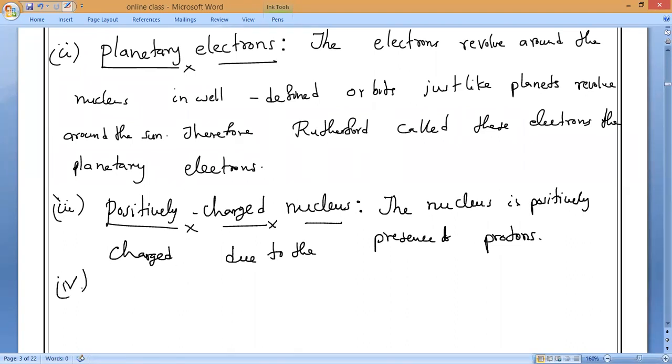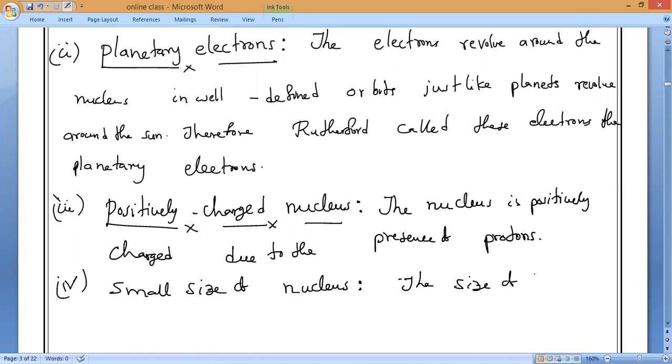This small size of nucleus. How many times smaller, guys? Very small it is. How many times? 1 lakh times. We studied, correct?